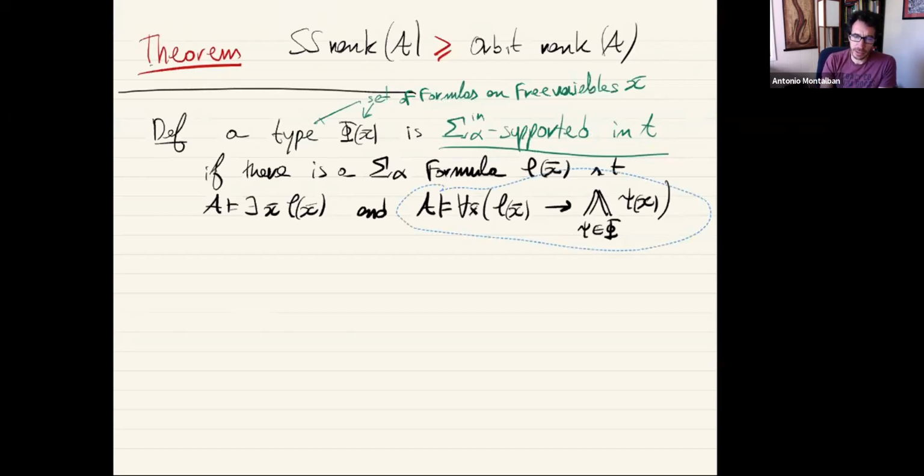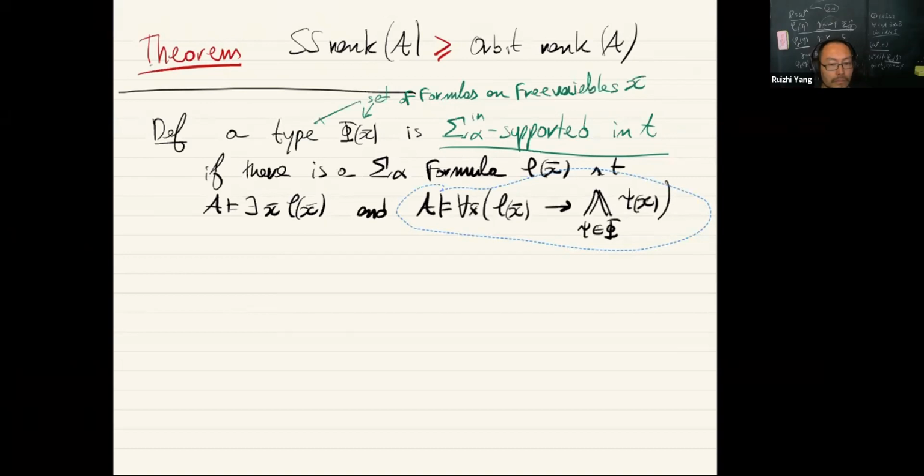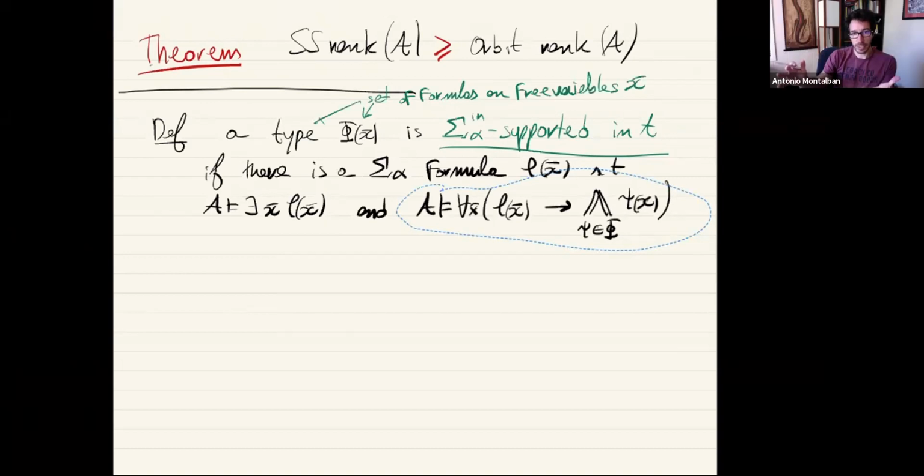So it's similar, but not the same, to the idea of principal types in model theory. In model theory, a principal type is a type such that there is a single formula that implies all the ones in the type. And usually, if you're talking about a complete type, this formula belongs to the type. So from all the formulas in the type, there is one that implies all the other ones.